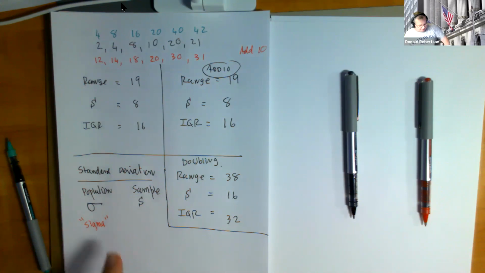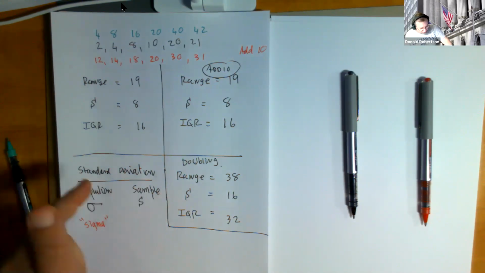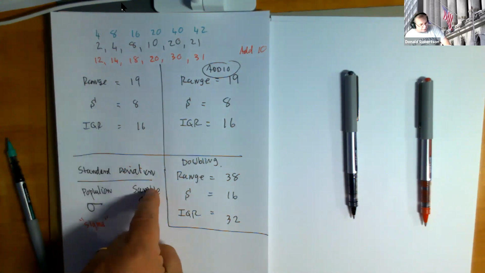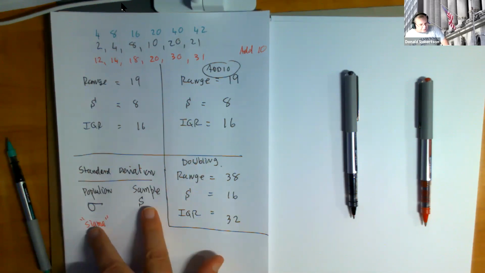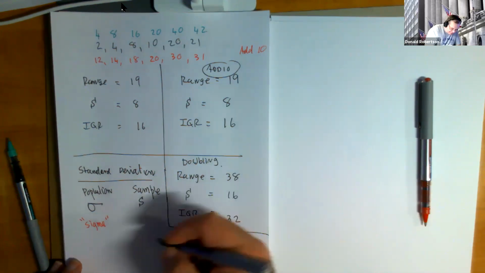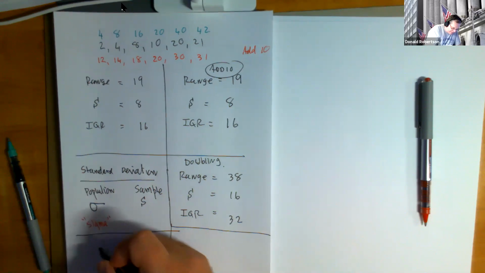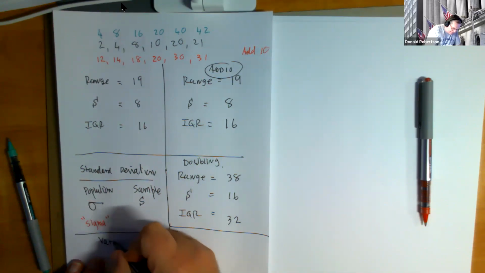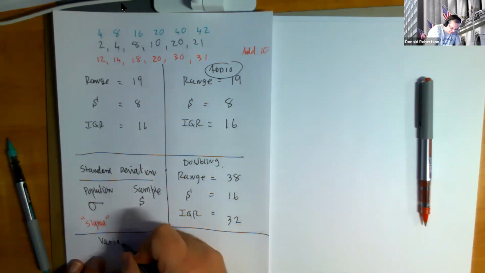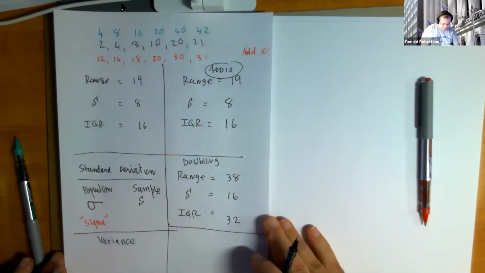Range doesn't have a name for population. It's called the range from the population and it's called the range in the sample. It doesn't have funny Greek letters. There is a guy called variance.